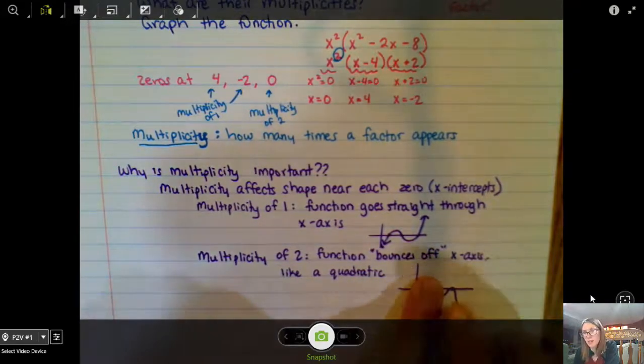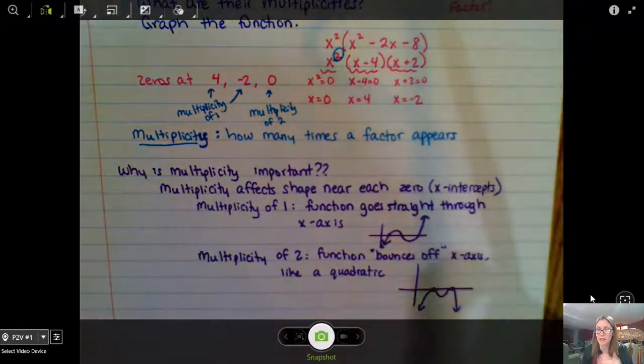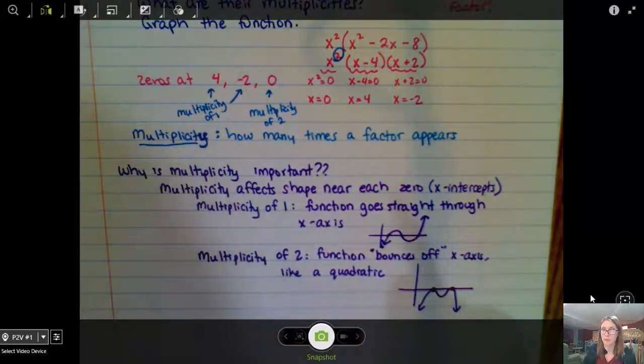And same thing here. This little chunk looks like a parabola. We hit the x-axis and then we bounce off. So we never actually cross the x-axis if you have a multiplicity of 2.